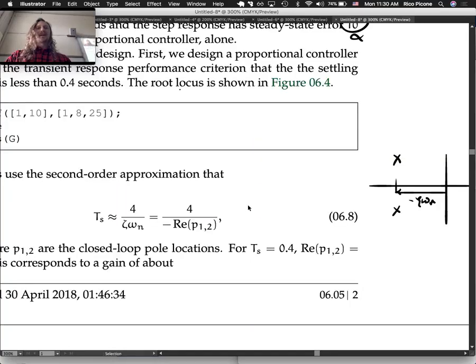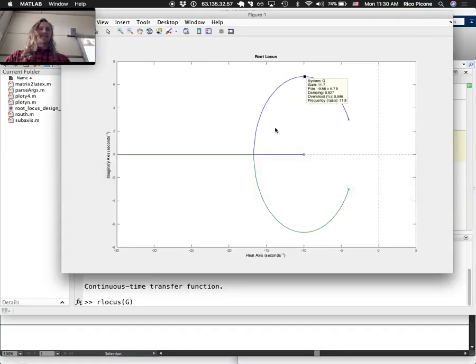I make these problems up the way that I do so that I don't have to do any actual calculation. So we have, oh, look at that, negative 10 right on the money with that one. So negative 10 plus 6.7i is our closed loop pole location there.